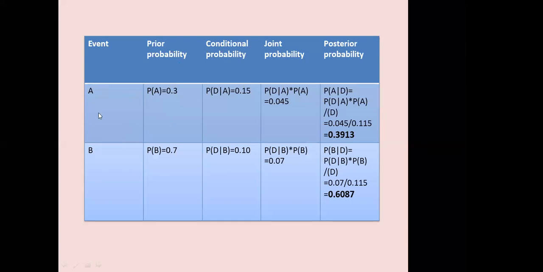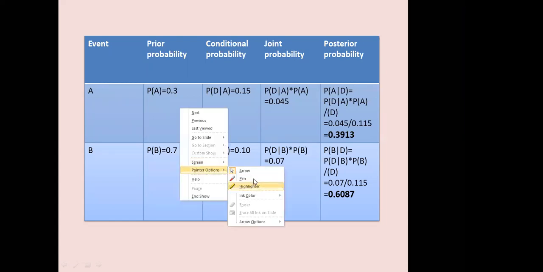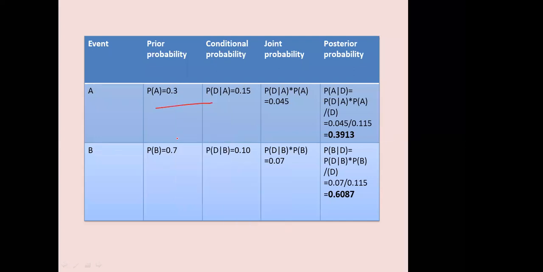Consider this table. We have suppliers A and B. The probability of A is 0.3 and the probability of B is 0.7. Now the conditional probabilities are given from past records: supplier A provides 50% defective items and supplier B provides 10% defective items.